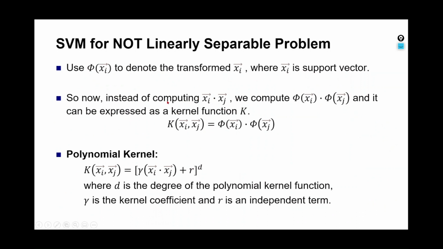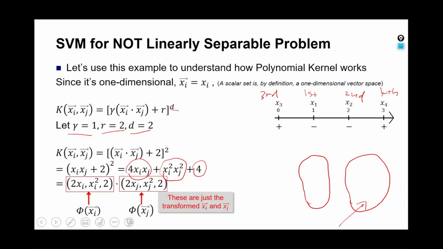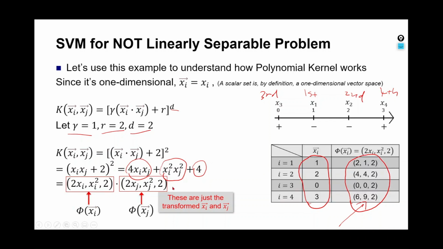Originally, all the calculation was based on the dot product of the xi and xj in the original form, and we noticed that this cannot help us to solve the problem, cannot draw the decision boundary, and we are going to calculate the transformed xi dot transformed xj. We want to get this, and we notice that by using this kernel function, we can get this so-called transformed xi dot transformed xj.